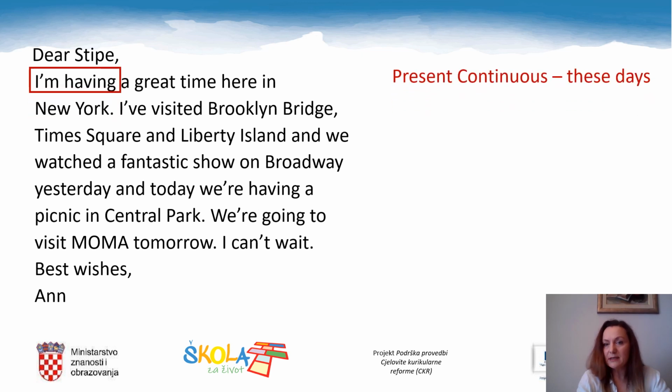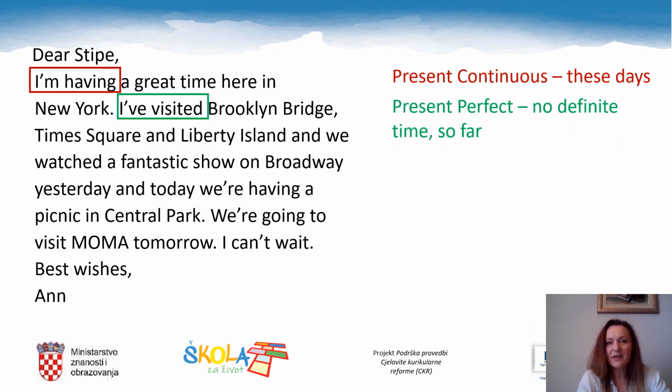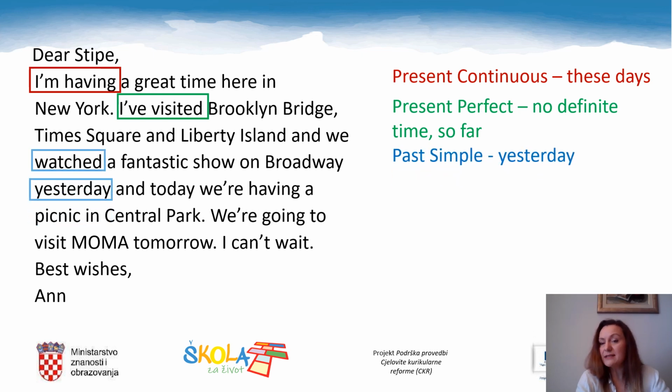You use present continuous to say what you're doing these days. Present perfect with no definite time, and you tell what you have done so far. Past simple to talk about yesterday, definite time in the past, last weekend maybe, or last Friday.